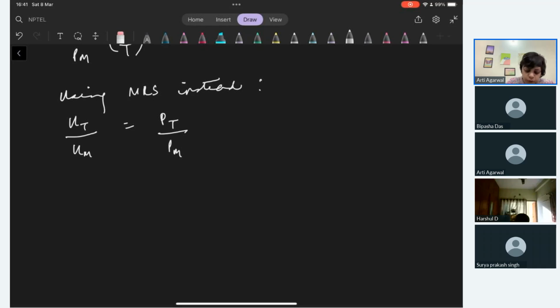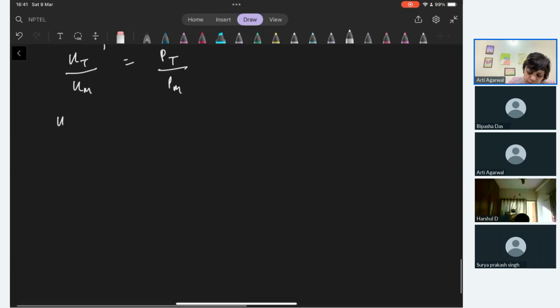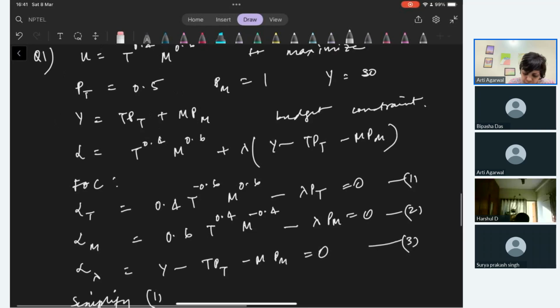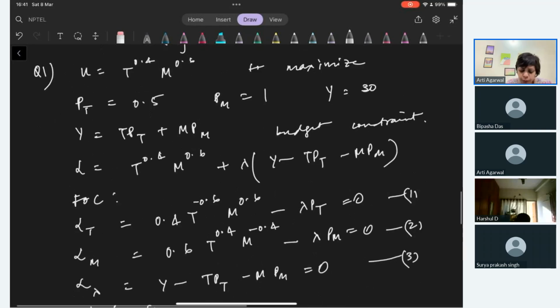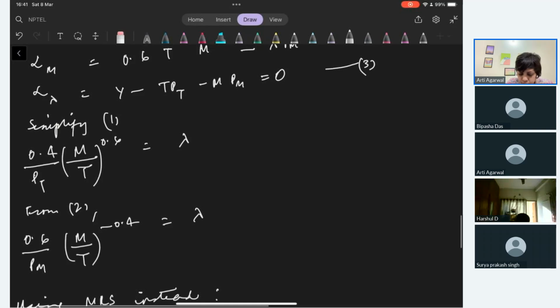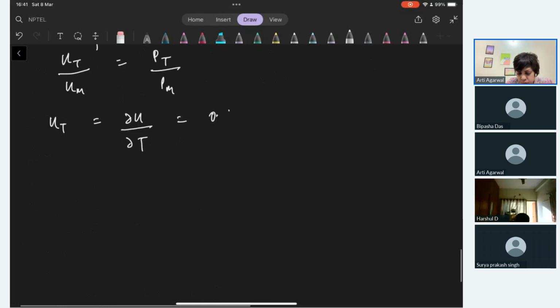This is straightforward. So let's calculate ut first, which is nothing but del u by del t. What is u? T to the power of 0.4, m to the power of 0.6. And um is del u by del m.